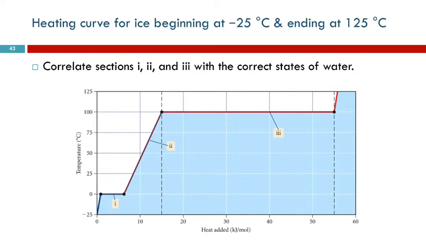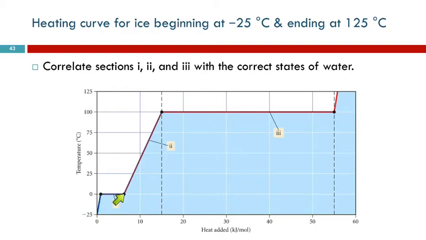So we've looked at 2 heating curves. Here is a full-blown heating curve for water. So here we have the temperature in degrees Celsius and heat added. So starting at minus 25 and heating this ice cube, we increase the temperature until it gets to the melting point.